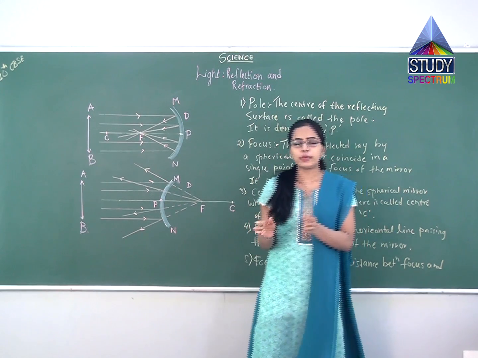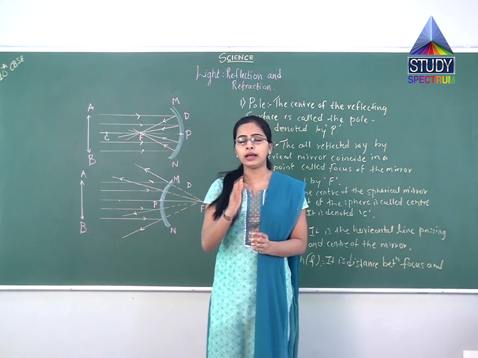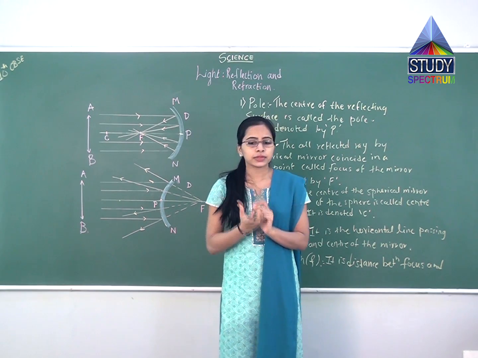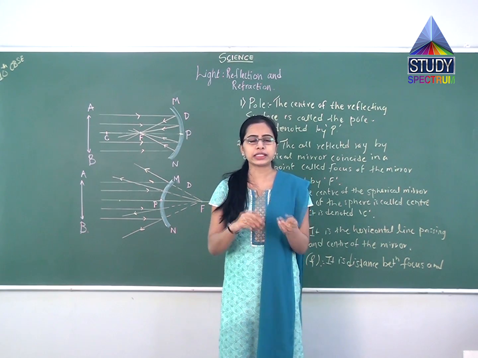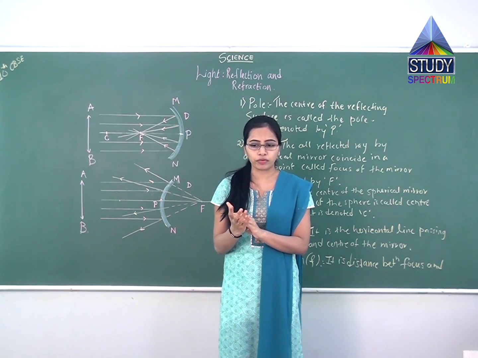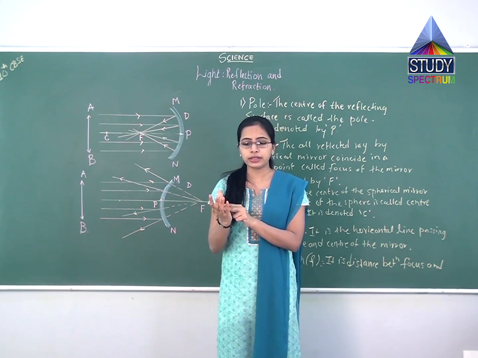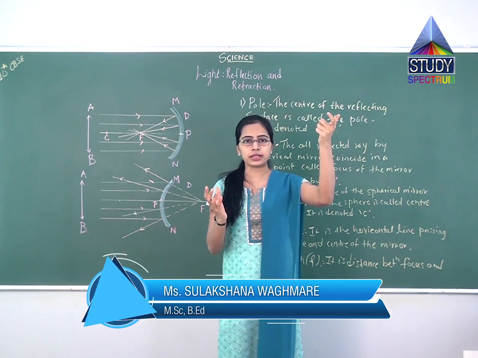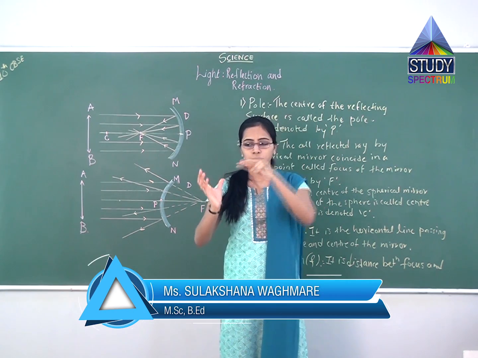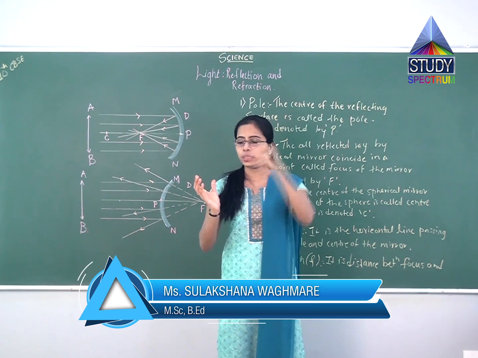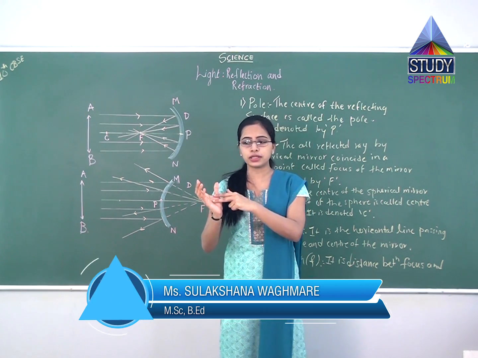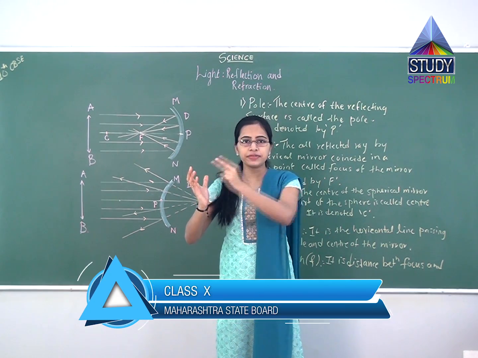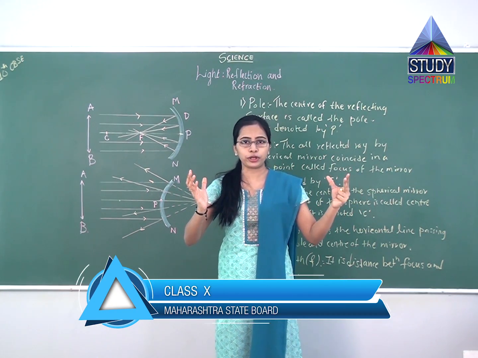Now, in order to explain to you what focal length is, I will give you one example. Take one mirror. It can be concave or it can be convex. Then, don't look directly at the sun. Just place the mirror in this way in front of the sun, so that the sun rays will come here and reflect at a certain point.